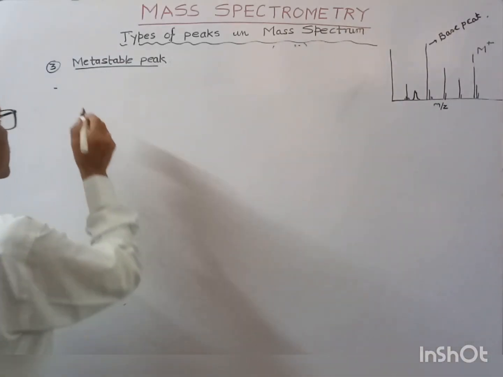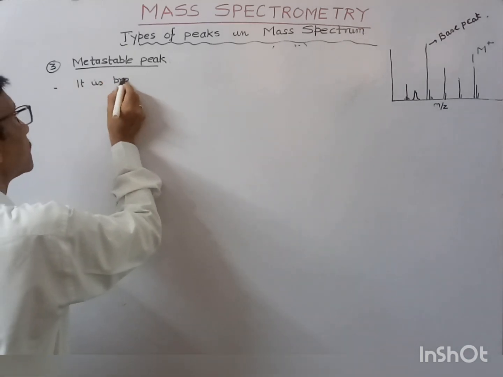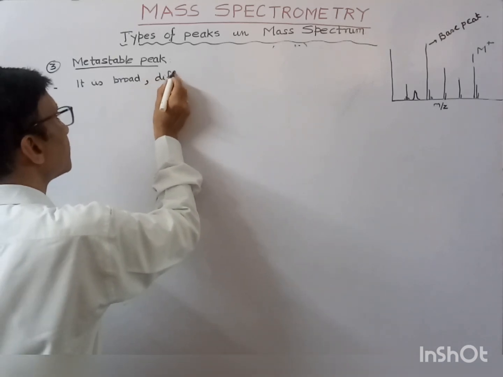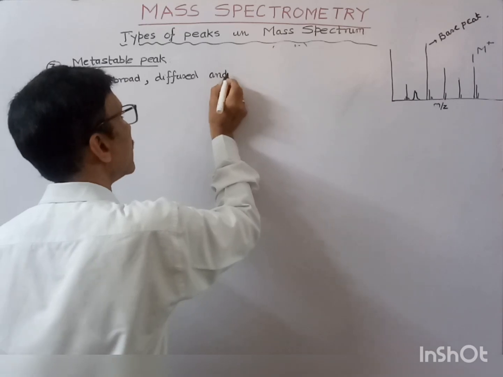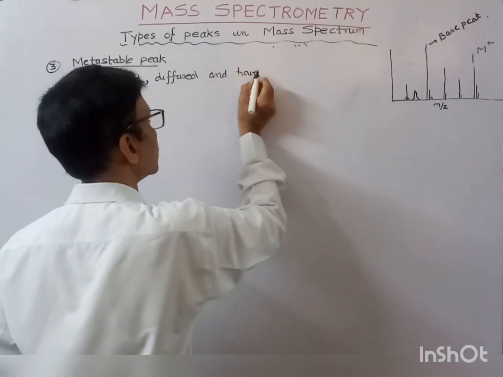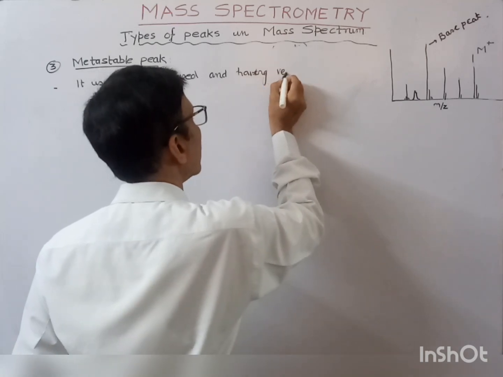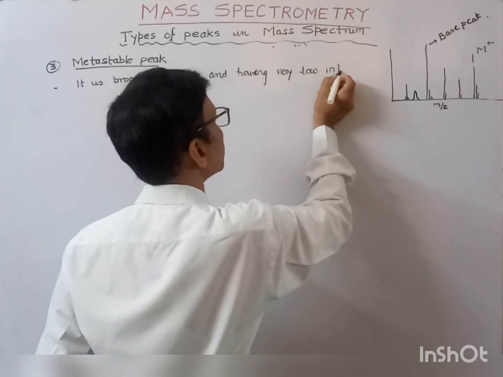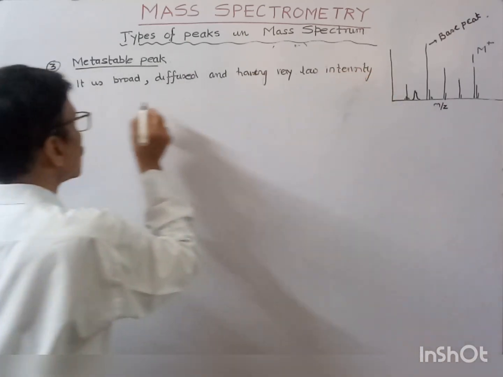So one thing, it is broad and diffused, and having very low intensity. And how much lower?